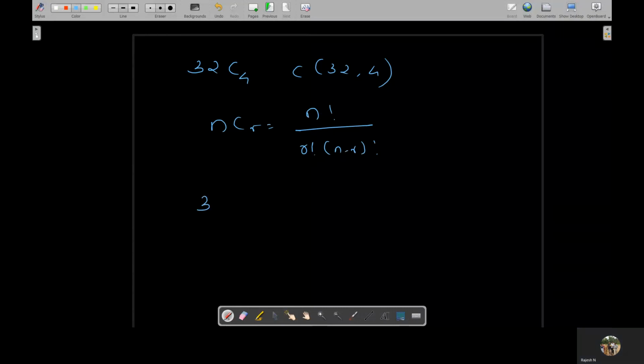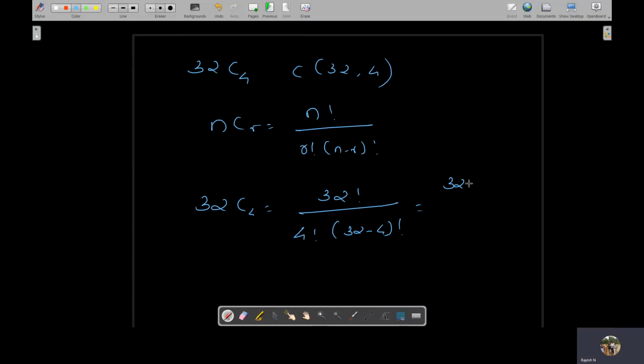So it is of the form 32C4. What is the formula? nCr is equal to n factorial by r factorial into (n minus r) factorial. So 32C4 is equal to 32 factorial by 4 factorial into (32 minus 4) factorial.